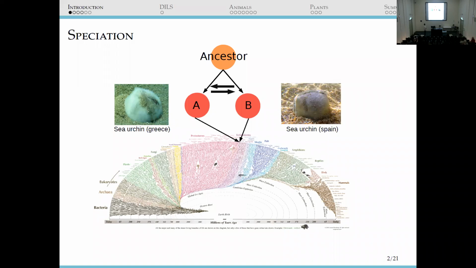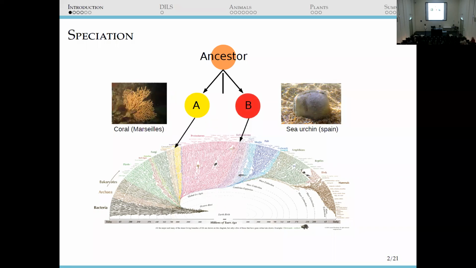I took this very simple example. It's one I studied when I was close to Montpellier. There are two sea urchins named Abatus cordatus. They share a very recent common ancestor. You can find some populations in Spain, in Greece, and because of this low level of divergence, we have a low level of reproductive isolation, and because they are physically connected by migration, they can produce hybrids, and these hybrids are fertile and have introgression.